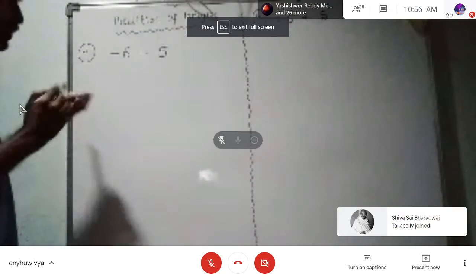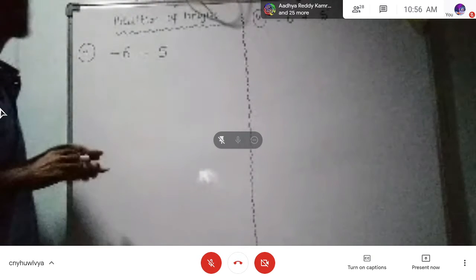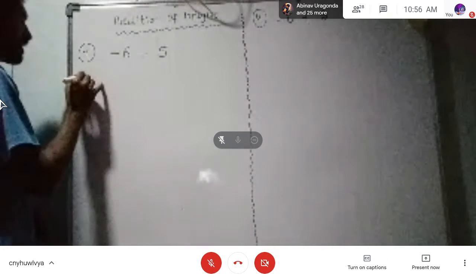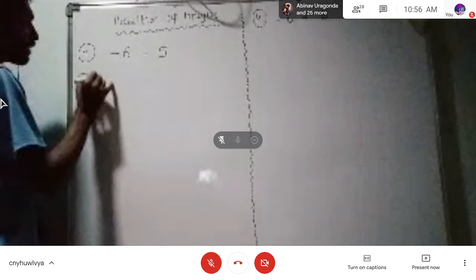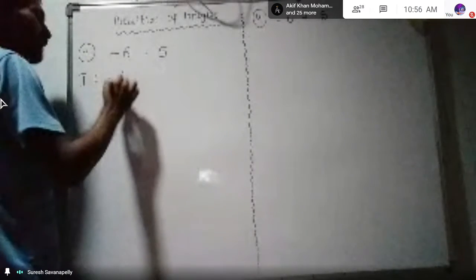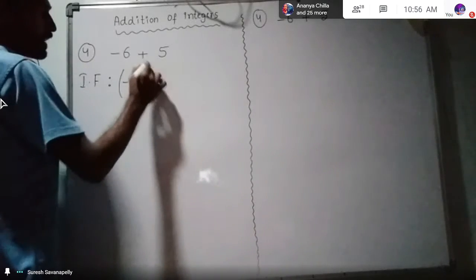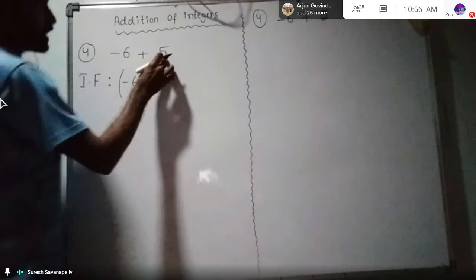-6 plus 5. So here, to solve this problem, we need to write this in integer format. I am simply writing the sign, number and bracket. So -6 you write, plus is the operator. Now what is the sign of 5?